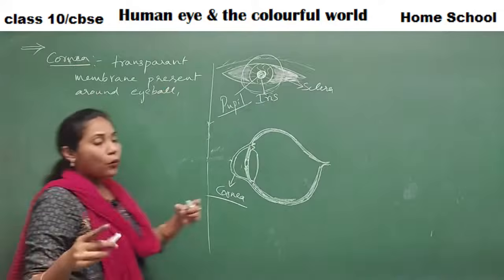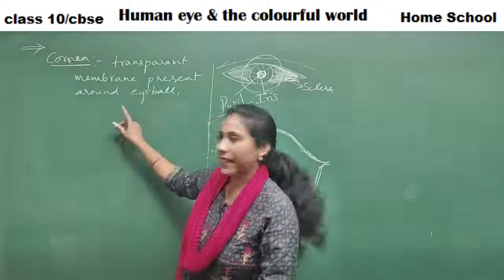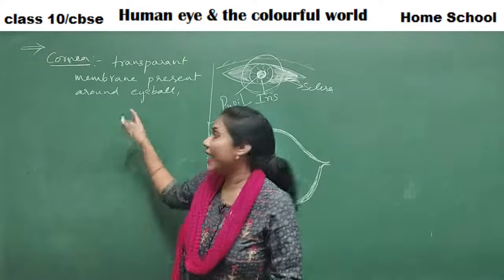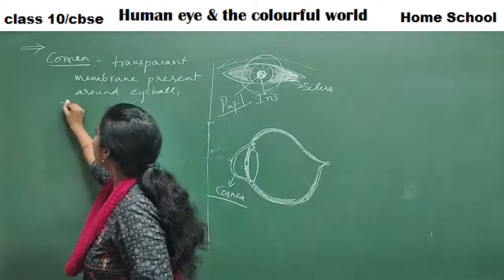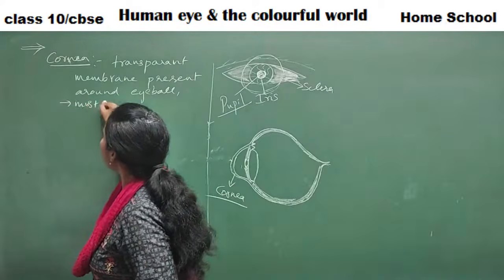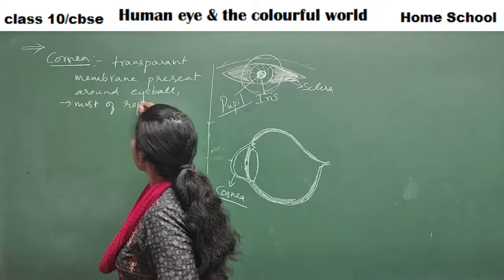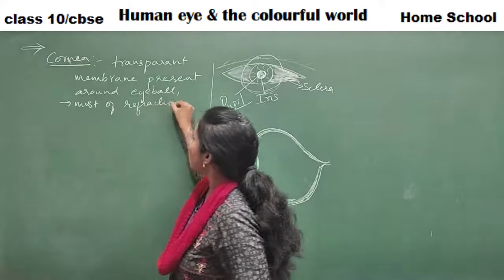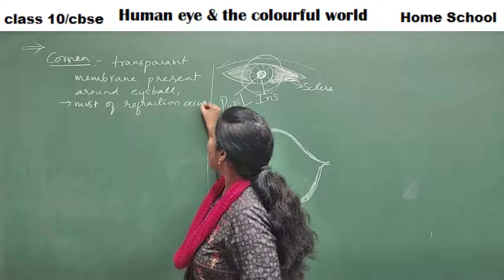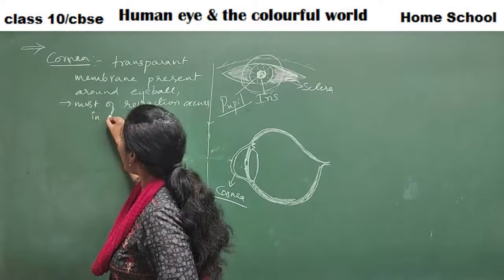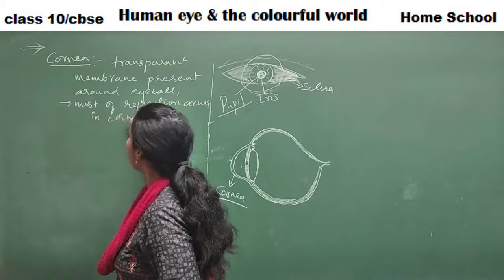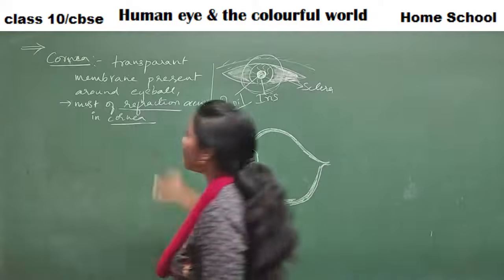So what happens in a cornea? One thing is it gives protection. The other thing is that most of the refraction occurs in the cornea. This point you should never ever forget.